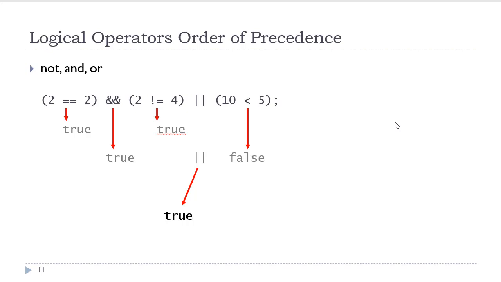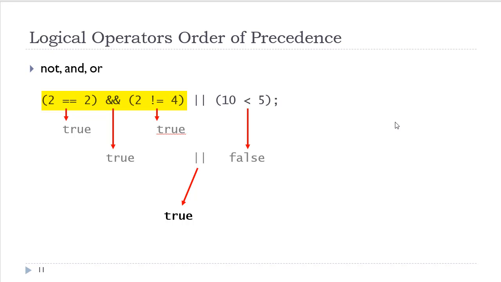We also have an order of precedence when using logical operators. Again, you can have several logical operators existing in one expression. The order of precedence: not is evaluated first, then comes and, then comes or. So here we have just two operators, an and and an or. So first we evaluate the and. So on the left of the and we have 2 equals 2, and that returns true.